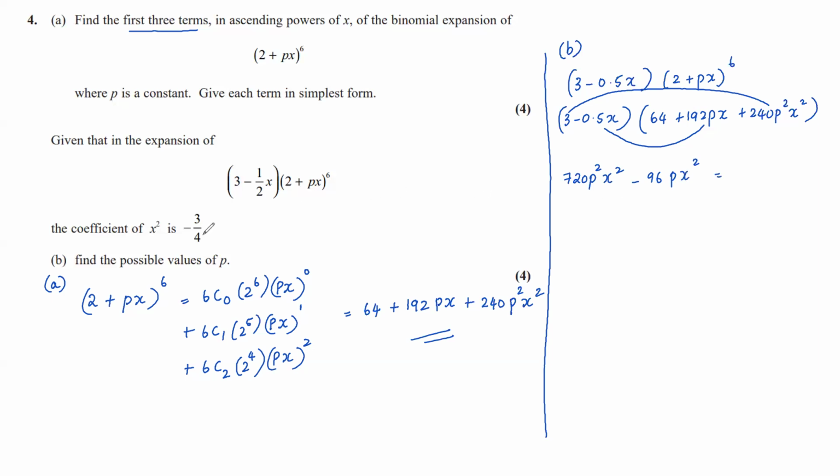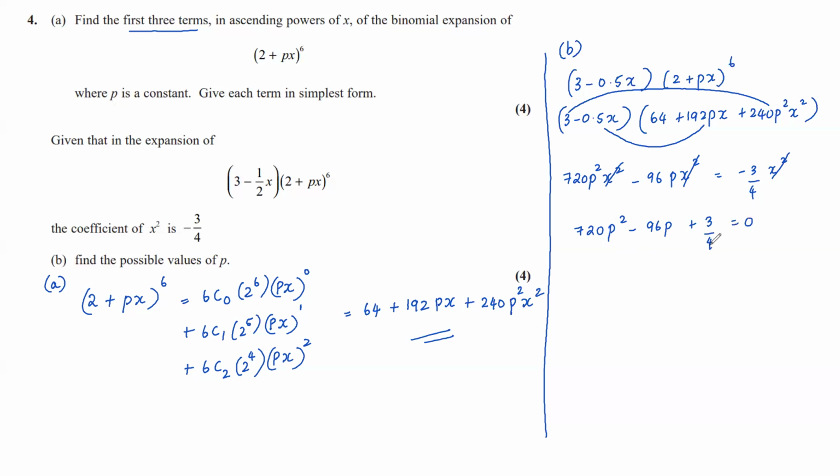It's given that the coefficient of x squared is minus 3/4. Now, we can cancel this x squared from all the three terms. We'll be left with a quadratic equation here: 720p² minus 96p minus 3/4, when it goes to the other side, it becomes positive 3/4, is equal to 0.